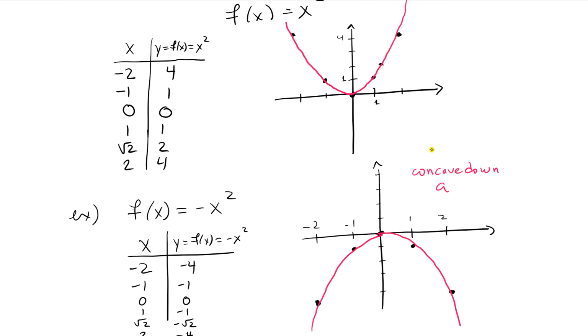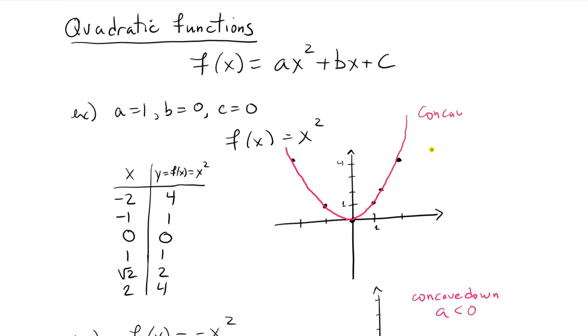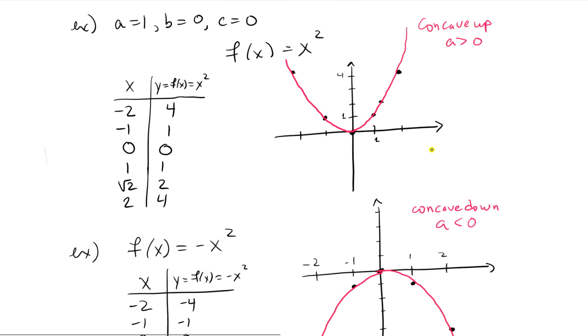It's concave down when a is negative, and over here it's concave up if a is positive. This is a feature that the graphs of quadratics will retain even if I add a bx plus c. So the concavity is only going to be affected by the a value.